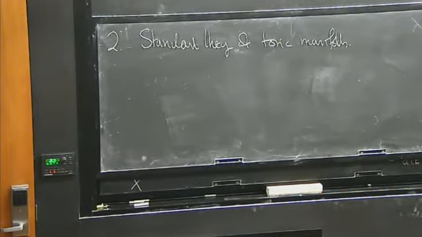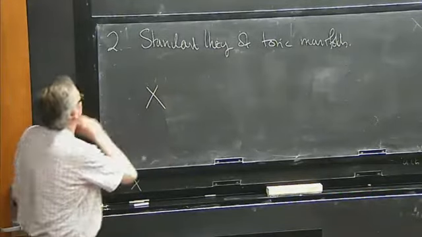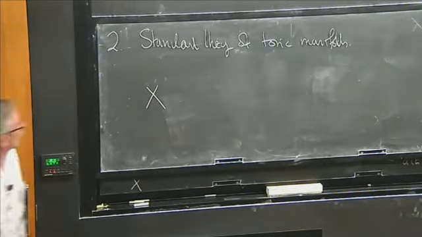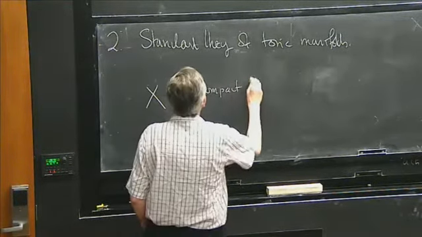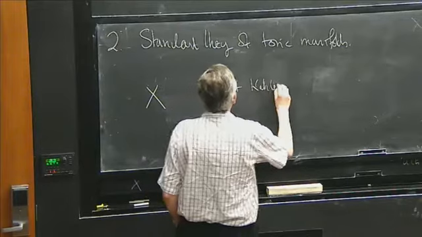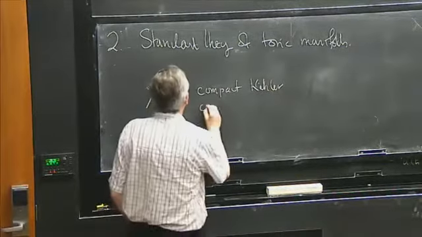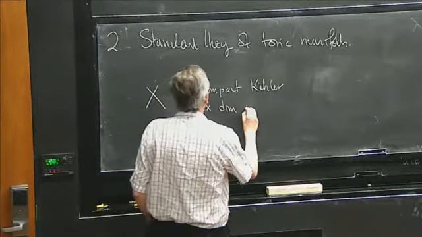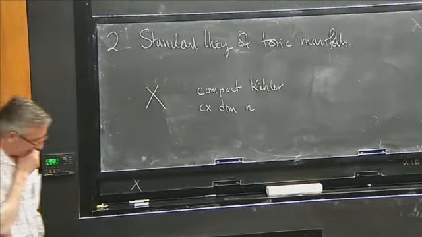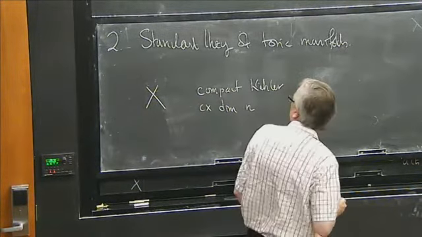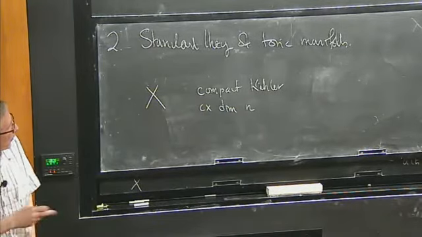So just to be precise, what do we mean? We're going to consider a compact Kähler manifold of complex dimension n, and we want to consider an effective action of an n-dimensional torus by holomorphic isometries.